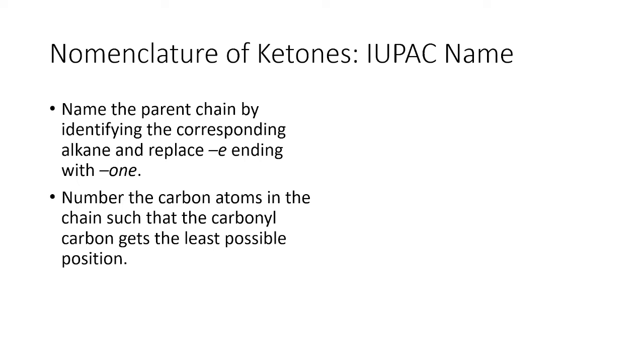And by that, the number of carbon atoms in the chain such that the carbonyl group gets the least possible position. So, dun sa example natin kanina, wherein we have here our ethyl methyl ketone, magbibilang na tayo ng parent chain. And by parent chain, we have there 1, 2, 3, 4.